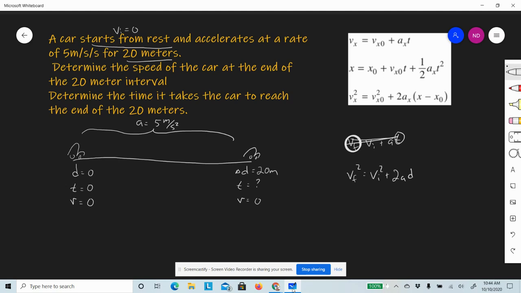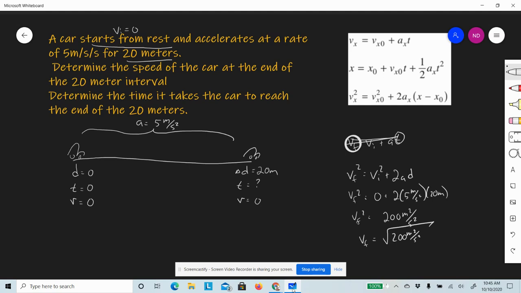VF squared is what we want to know. VI is 0, plus 2 times 5 meters per second squared times a distance of 20 meters. Do all this arithmetic. VF squared equals 10 times 20, 200. Right? 2 times 5 is 10. 10 times 20 is 200 meters squared per second squared if you follow the units across. So VF is equal to the square root of 200 meters squared per second squared.